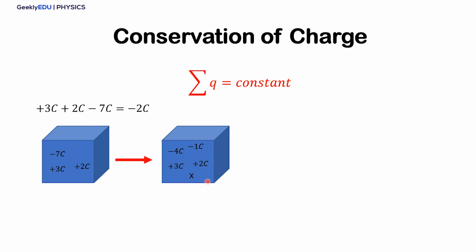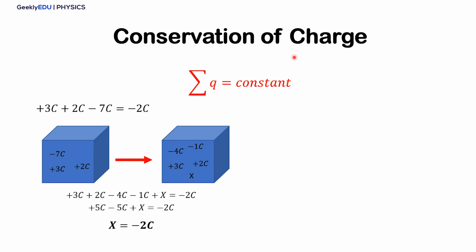So how do we find the charge of this particle X that is missing? Well, we can just add all the charges of the particles here and say that it equals negative 2 Coulomb. And if you do the calculations, we find that the charge of this particle is in fact negative 2 Coulomb. So it doesn't matter how many particles, if it changes inside the system, the result has to be the same.